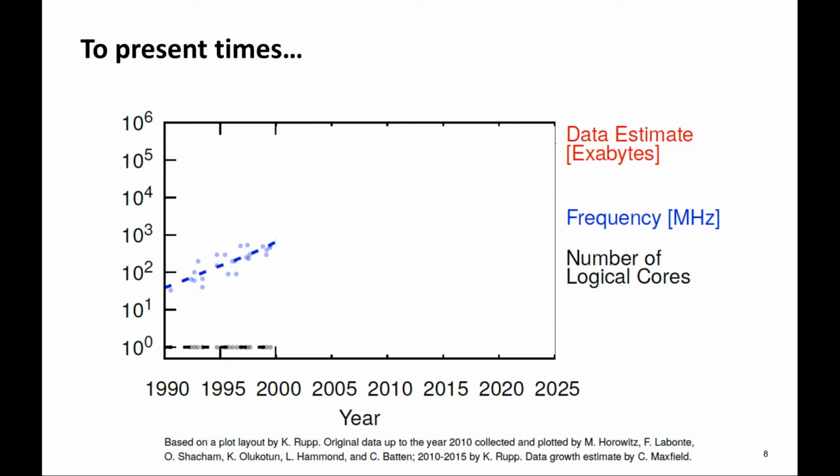I'm showing the number of logical cores in black and the frequency of CPUs, which is a proxy for their performance, in blue. This is a log scale, so there is an explosive growth of computing performance.